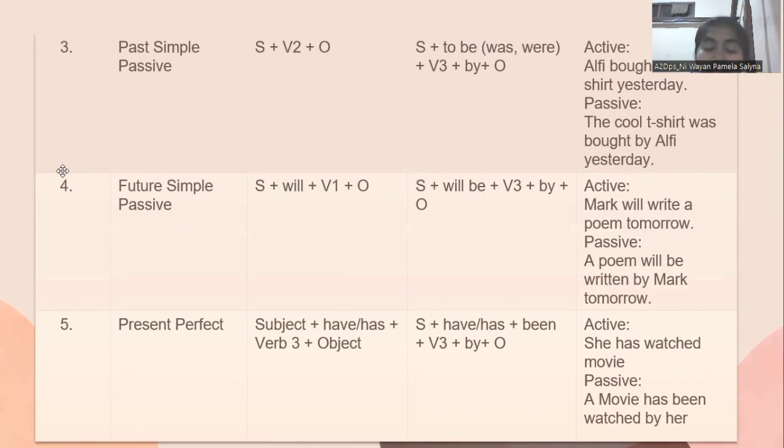The pattern for the passive voice is subject plus have or has plus been plus verb three plus by plus object. The example for active voice is: she has watched a movie. And for passive voice: a movie has been watched by her.